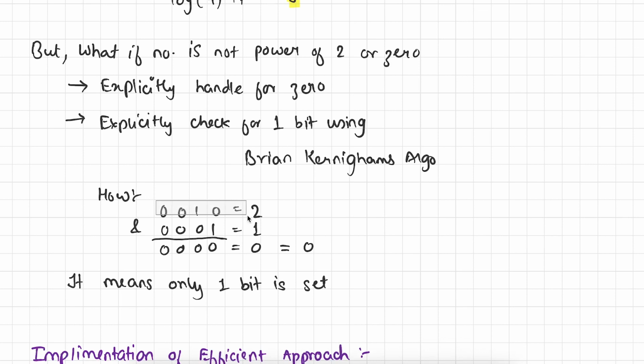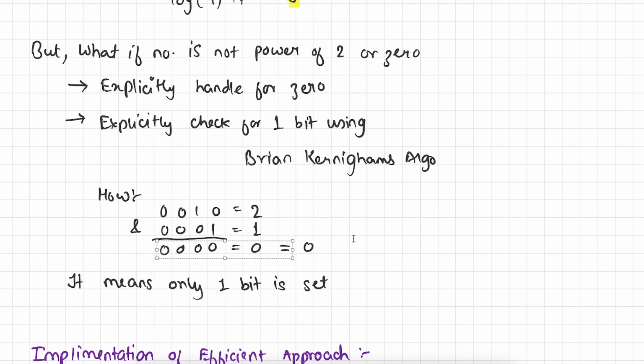In case we have 2, and 2 is a power of 2, right? If we apply Brian Kernighan's algorithm, it means we have to do bitwise AND with 2 minus 1, that is 1. We get 0, right? It means there is only one bit set, and that is unset by Brian Kernighan's algorithm. If this number had more than 1 bit set, then we would get a number other than 0.